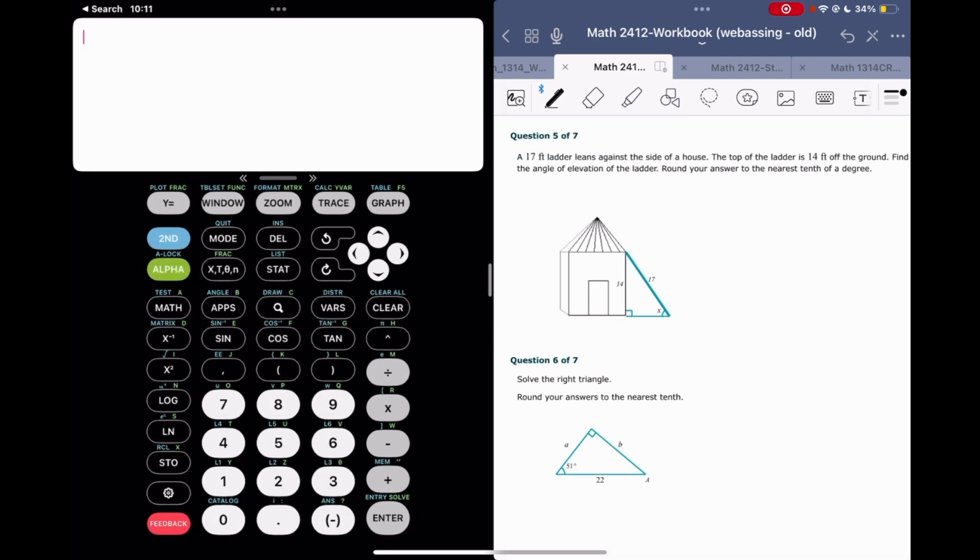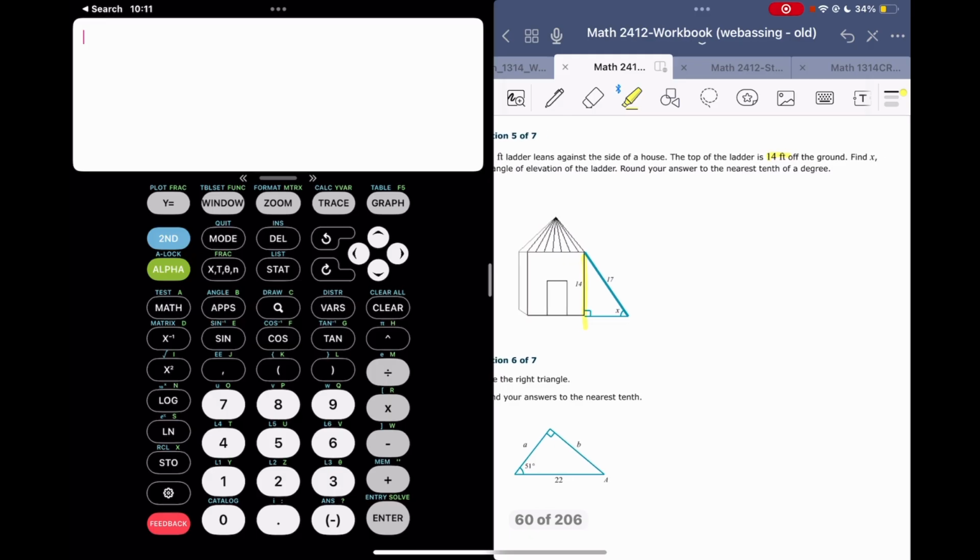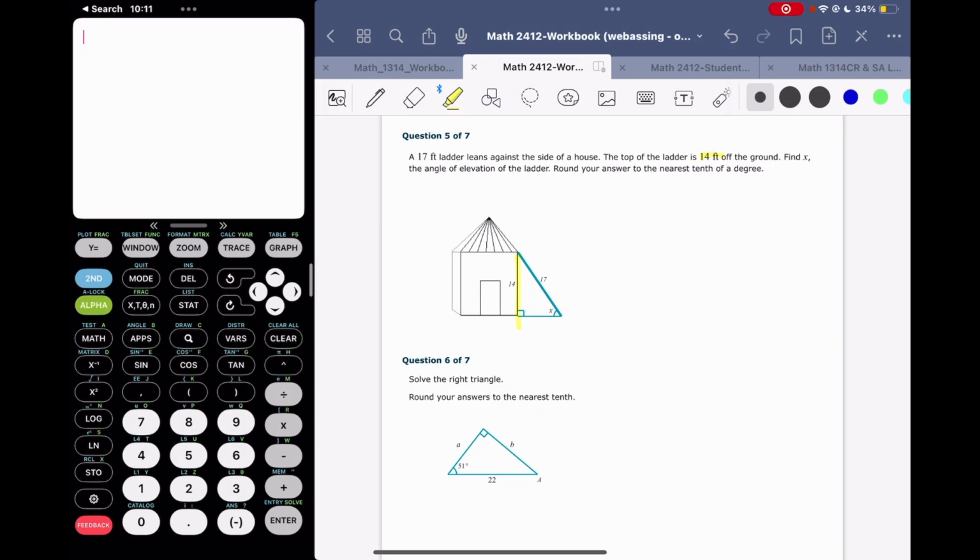Number 17 says a ladder leans against the side of a house. The top of the ladder is 14. This is 14. And then it says, find the angle of elevation of the ladder. Round your answer to the nearest tenth of a degree. Let's see what this looks like.